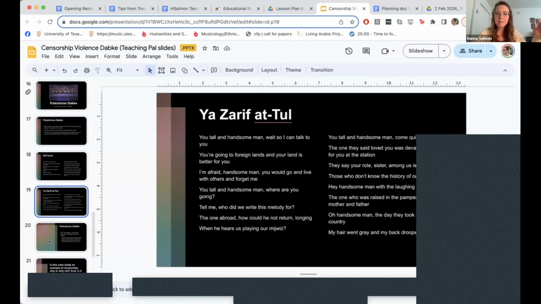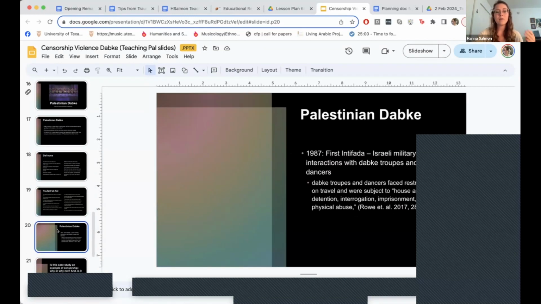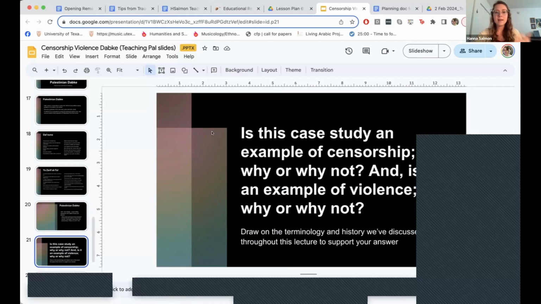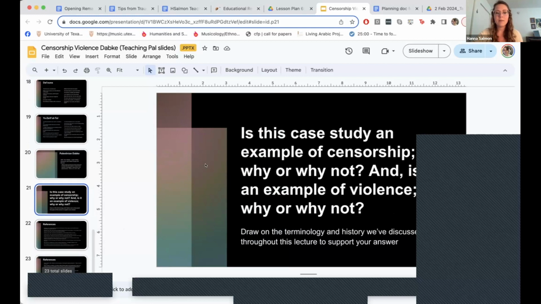And then after all of that discussion, we can talk about the way that the Israeli military interacted with Debka troupes and dancers. And then I end this lecture by giving the question back to the students to discuss whether or not this example is an example of censorship, and to give their reasoning for why based on what we've talked about throughout the lecture.